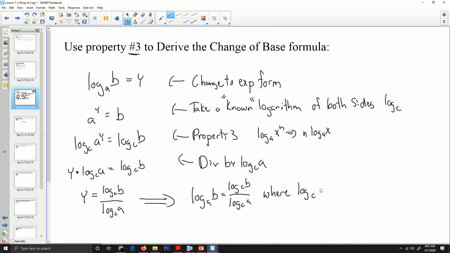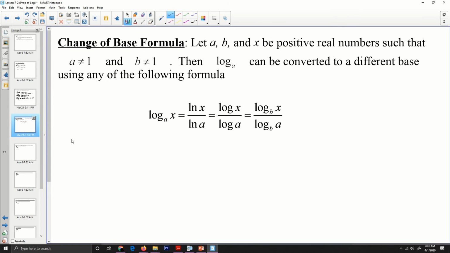where log base c is a known logarithm. We know two logarithms, so it could be either ln or just common log. And that is our change of base formula.